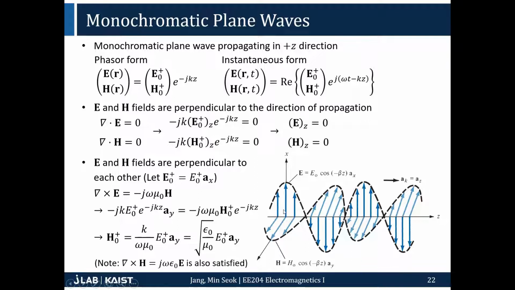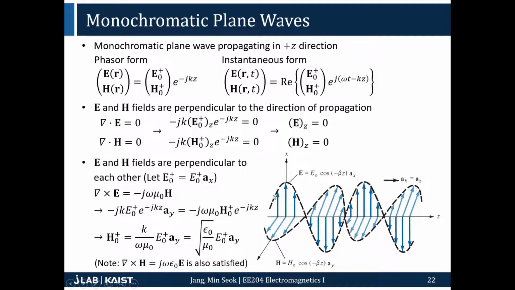So again, summarizing, if you have an electromagnetic field propagating along the Z direction, the electric field and magnetic field must be perpendicular to the propagating direction, right? And the E field and H field are also perpendicular to each other.